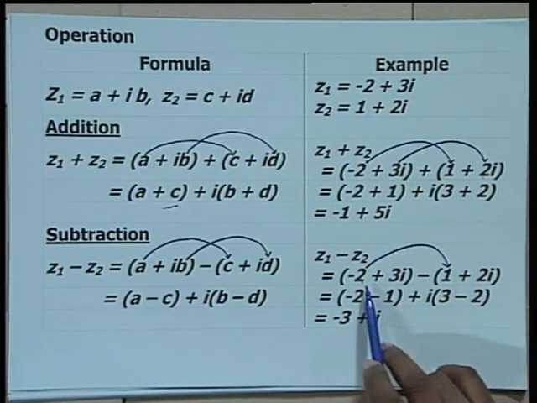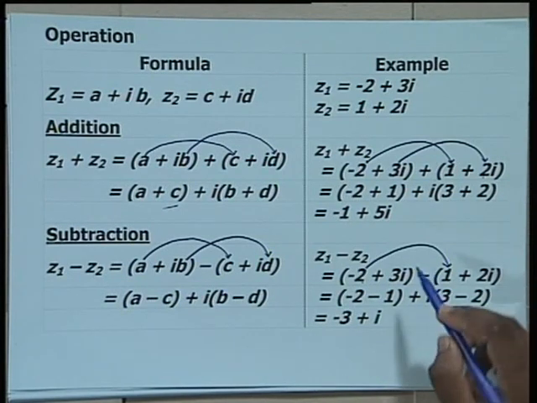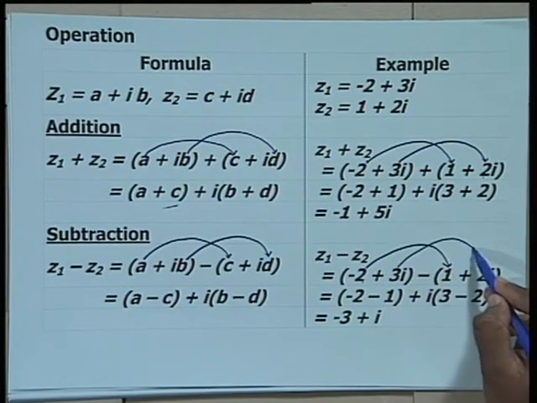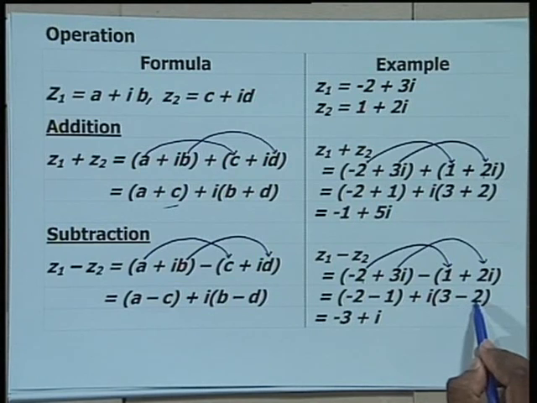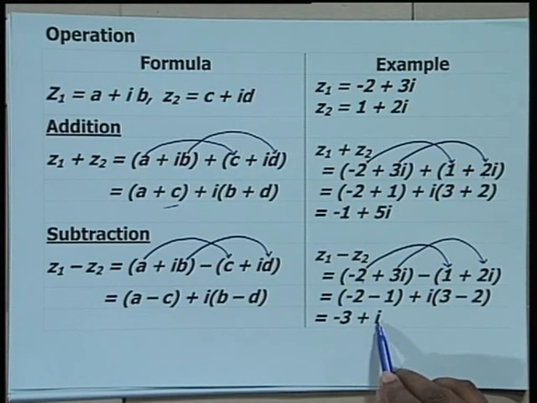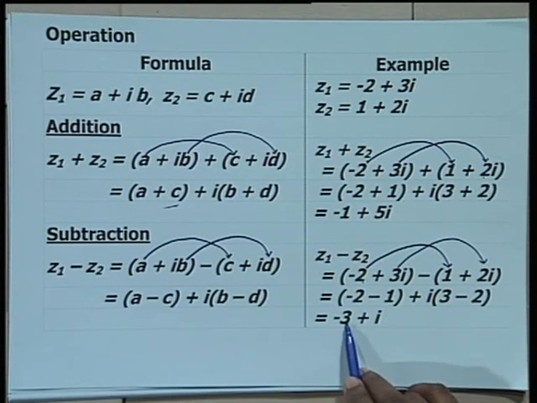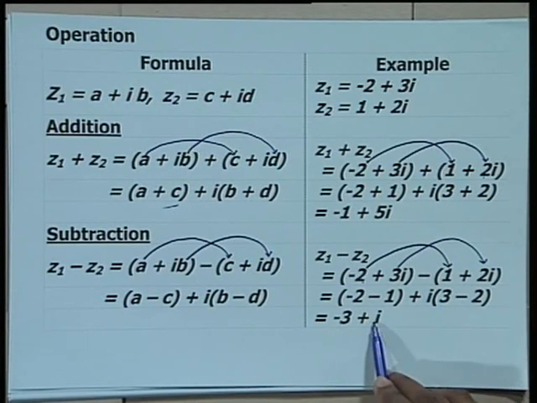Minus 2 minus 1, the difference of the real parts, is minus 3. 3i minus 2i, 3 minus 2, is 1i. So, to add or subtract complex numbers, we add or subtract real parts and imaginary parts respectively.